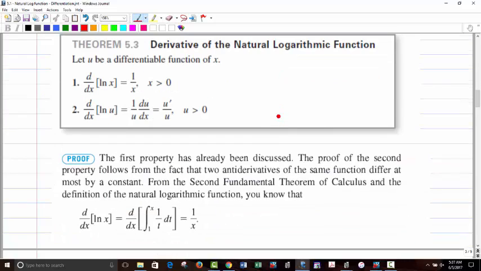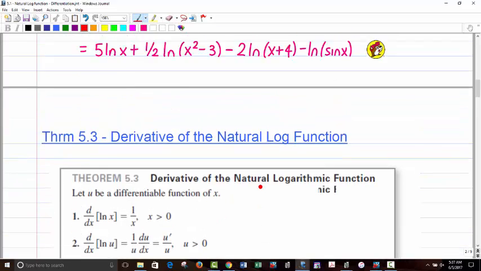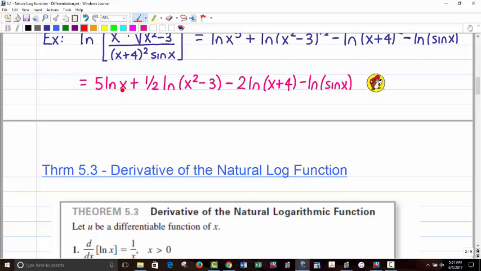All right. Now, of course, we'll have ln of x, but more commonly the problem will have u be some sort of function of x. Like in this last problem, there's ln of x, but here's ln of x squared minus 3. That would be your u. The next one's ln of x plus 4. That would be your u. And for this one, the u would be sine of x.